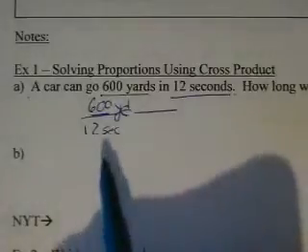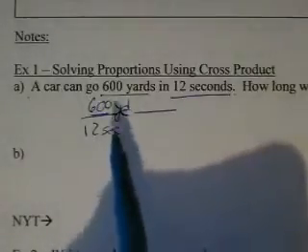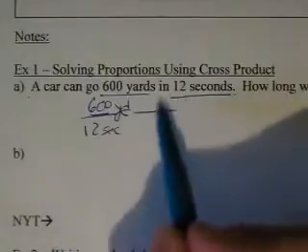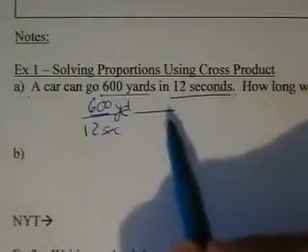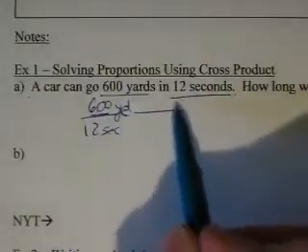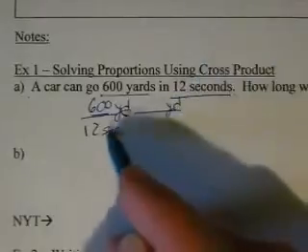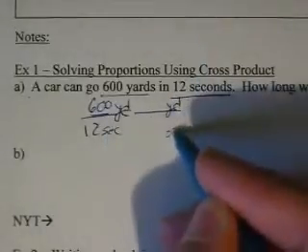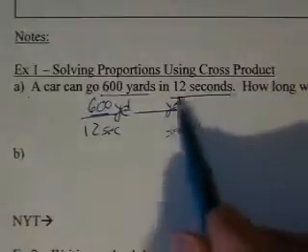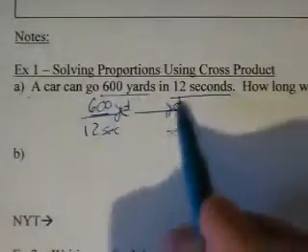Now notice I put my units in here. You need to have units because that's how you know where your pieces go in the second ratio. Yards, yards. Seconds, seconds.